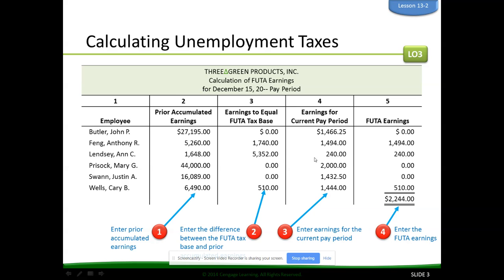They got over 5,000 to go, so the whole 240. The next 2 both had already reached 7,000, and then the last person only had $510 to go. They made over 1,400, so we only need the $510 for their earnings, or what's taxable. And then here is the total amount that's taxable for the unemployment earnings.